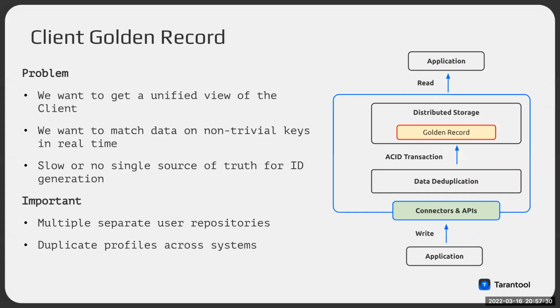Let's imagine a slightly different situation, where, for instance, we have a bank and several domain systems that work with customers, and in each of them the customer data may slightly differ from each other.